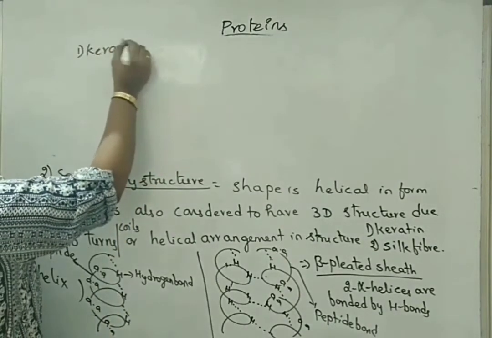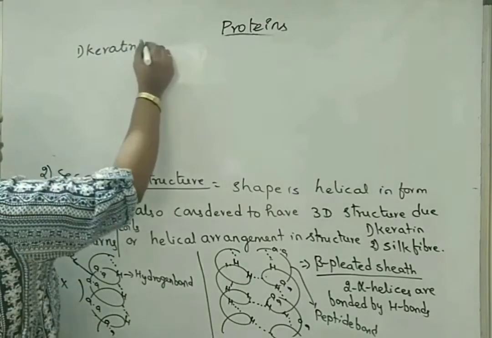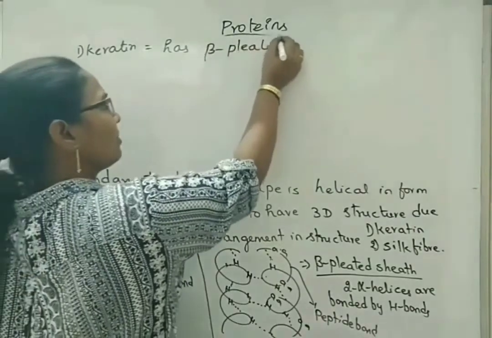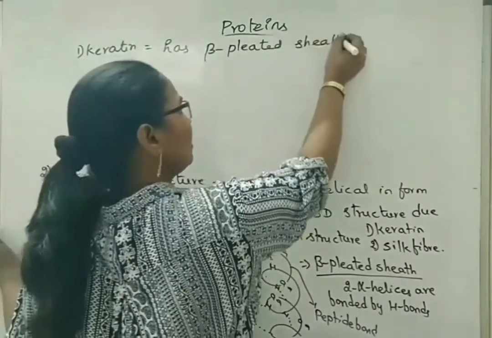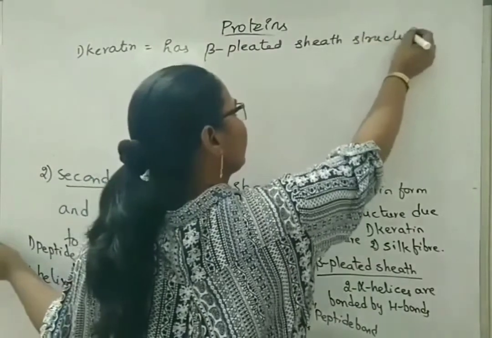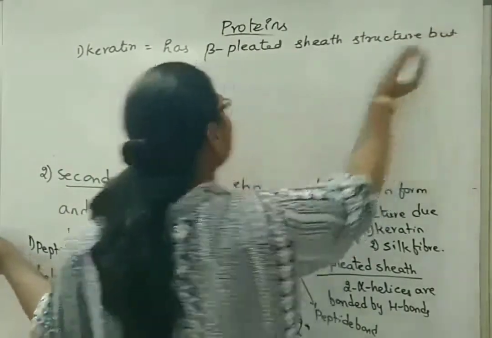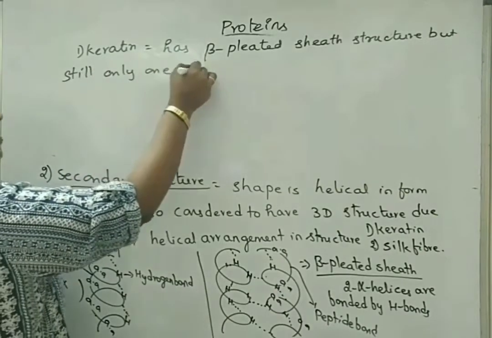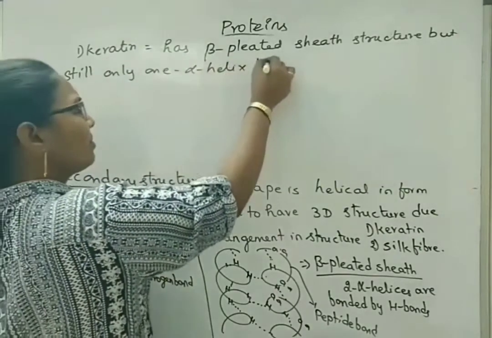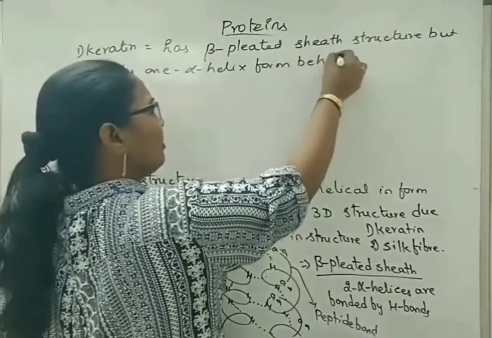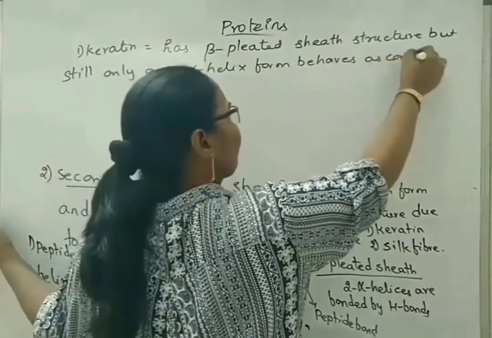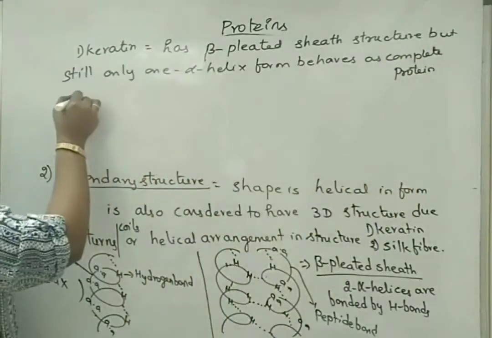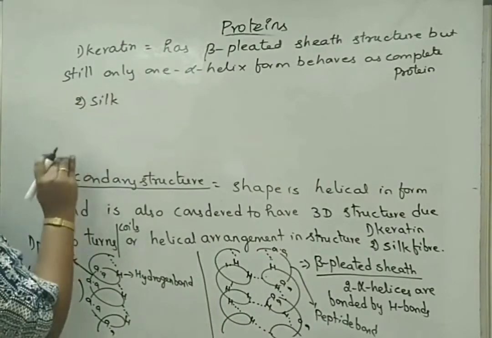Keratin protein, which is seen in our hair and nails, has a beta-pleated sheet structure, but still only one alpha helix form behaves as a complete protein. Next one, silk fiber, which is obtained from the silk moth.